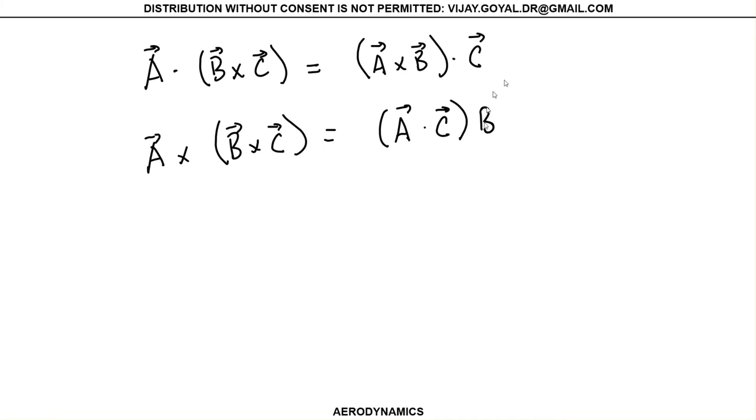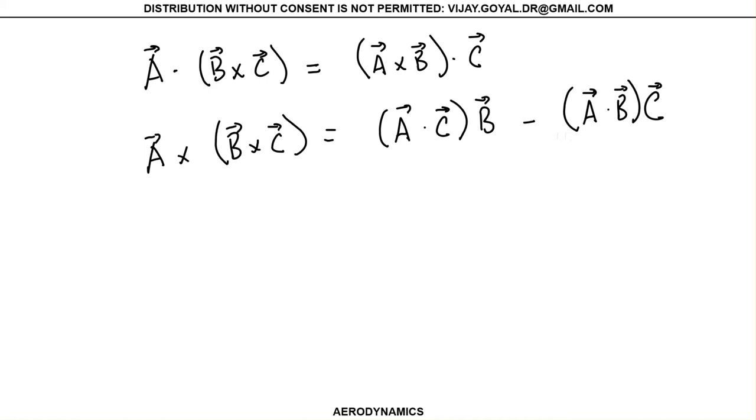It equals a dot c, which is a scalar, times b, minus a dot b, also a scalar, times c. Then you can show that this whole thing is equal to this, and it becomes very, very easy to solve these problems.